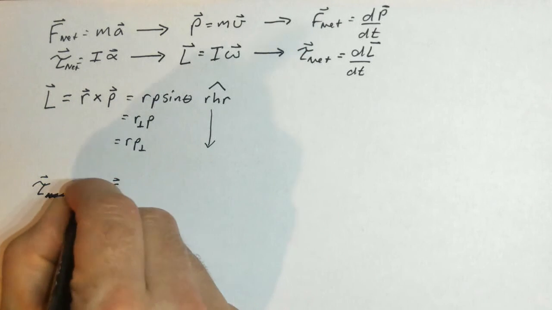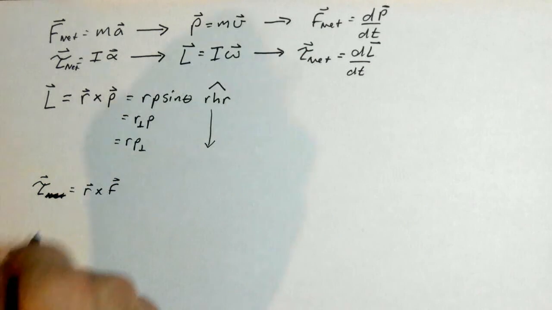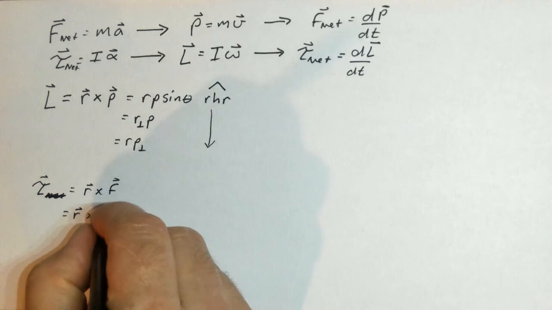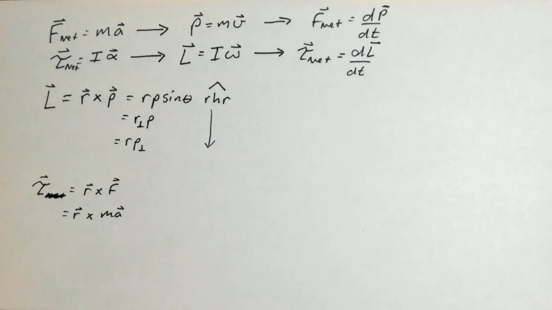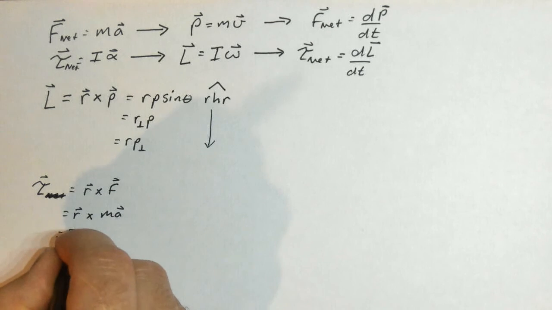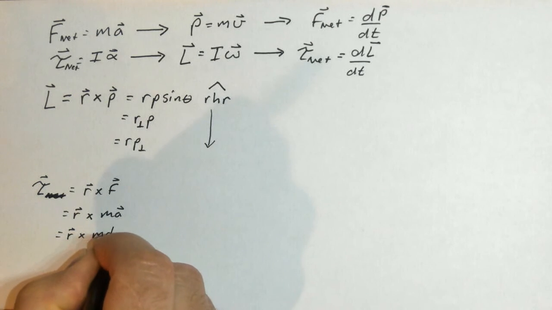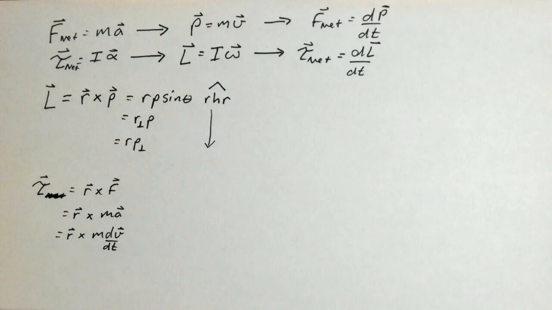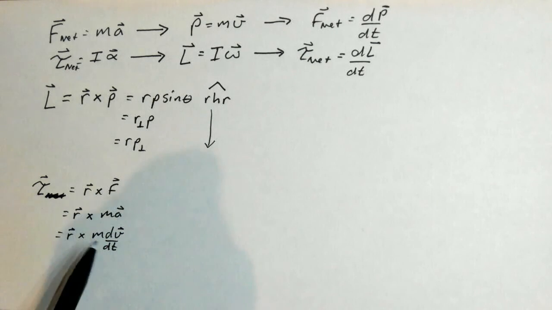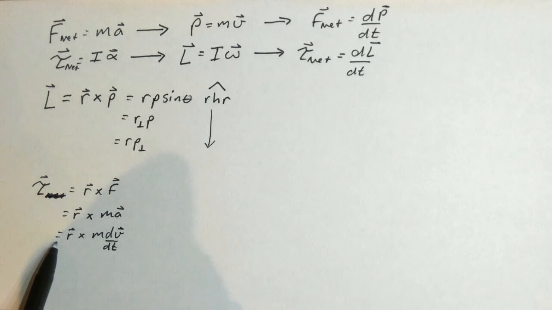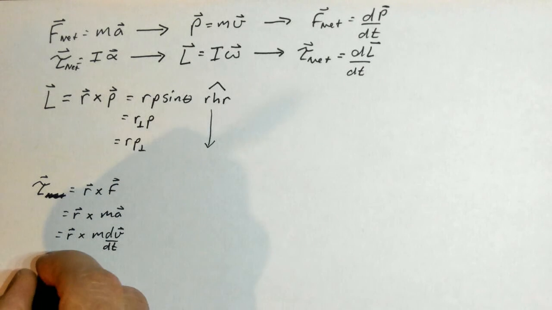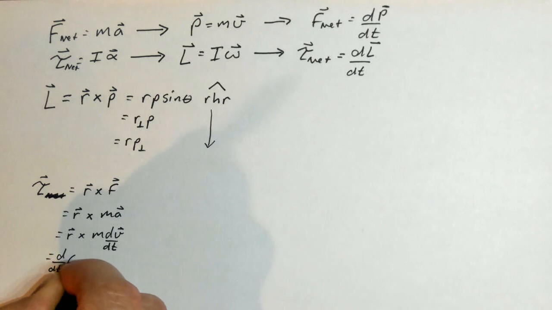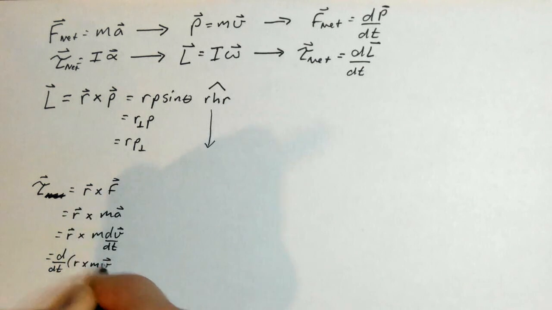The torque is r cross F, but F is ma, but a is dv/dt, and I could take that d/dt out in front of all of it, and I can get d/dt of r cross mv.